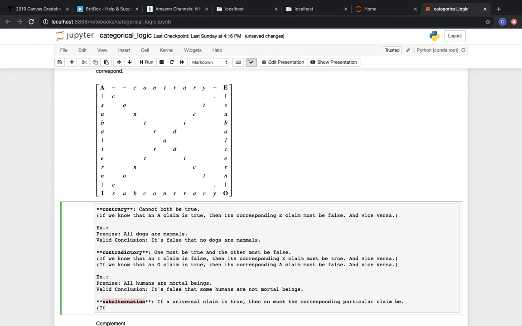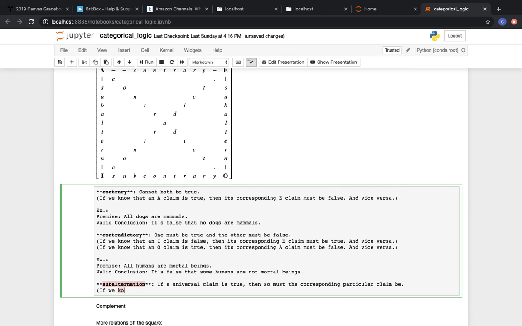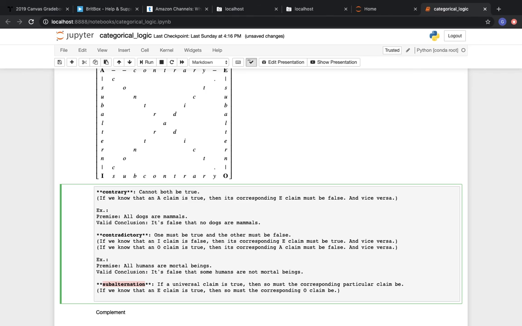So in words, right, if we know, for example, that an E claim is true, then so must the corresponding O claim be. Or if we know that an A claim is true, then so must the corresponding I claim be.